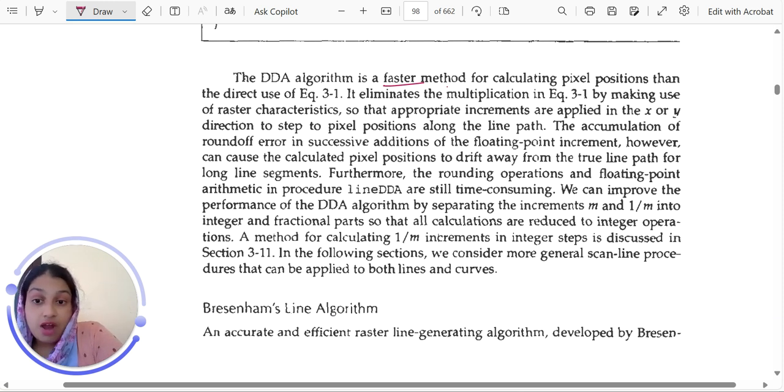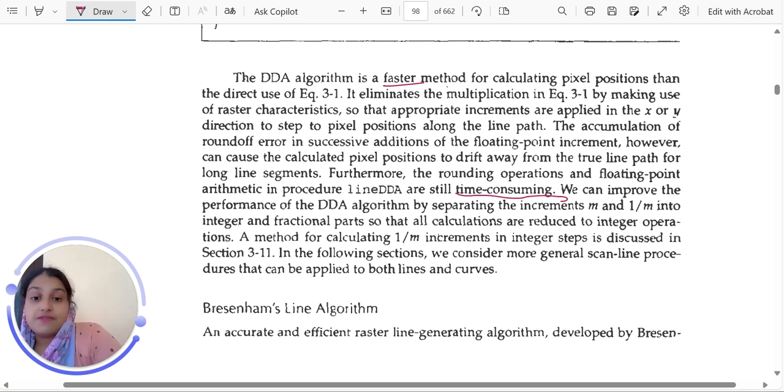The accumulation of round-off errors in successive additions of the floating point increment, however, can cause the calculated pixel positions to drift away from the true line path for long line segments. Furthermore, the rounding operations and floating point arithmetic in procedure line DDA are still time consuming. It is a faster method, but still time consuming.